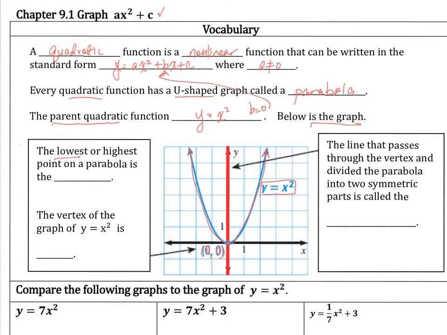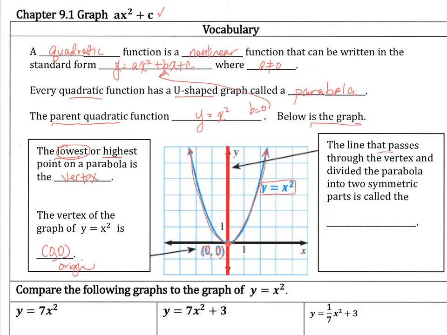The lowest or the highest point on a parabola is called the vertex. So in this case, the vertex would be the lowest point. The vertex of the graph of y equals x squared is at the coordinate point (0, 0), which is also the origin.